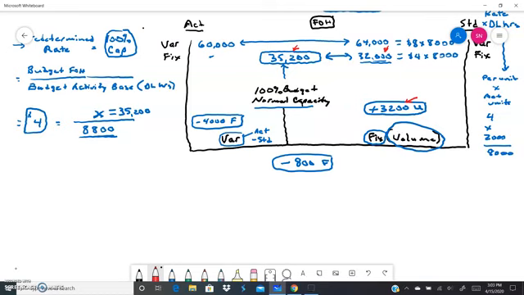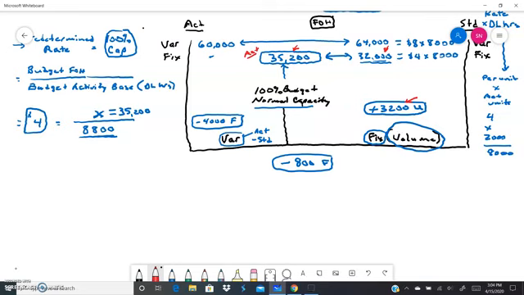So let's take a look at what that means. First of all, just so there's no confusion, let's assume that the $35,200 is the actual fixed factory overhead that we incurred for the period.